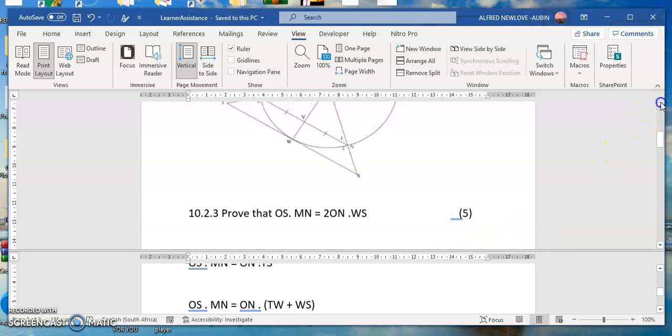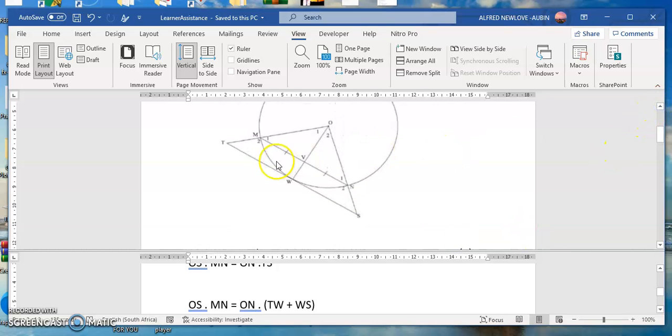Then, if you check this one, this length is equal to that length, because it's the same line that divides this one. And that line is also perpendicular to that.